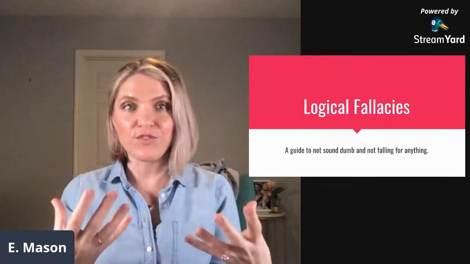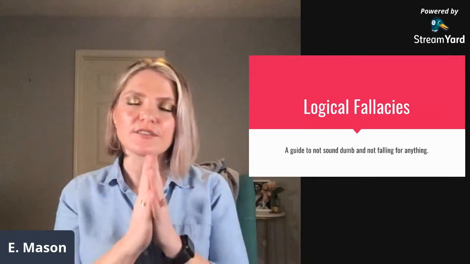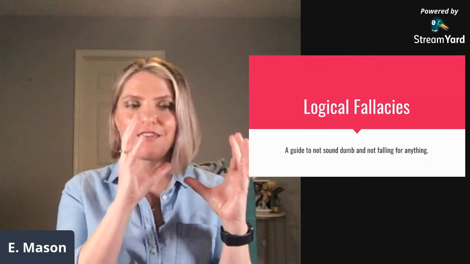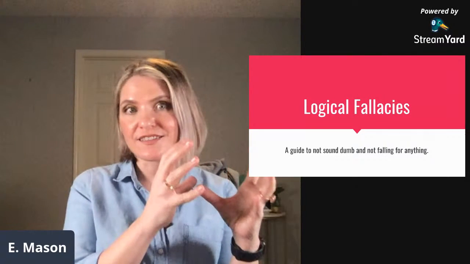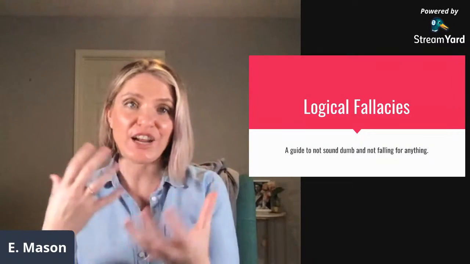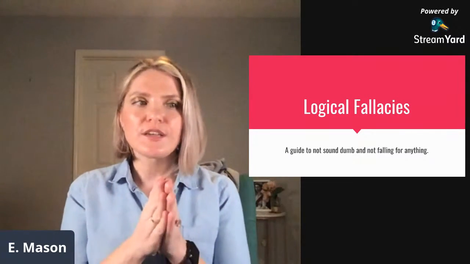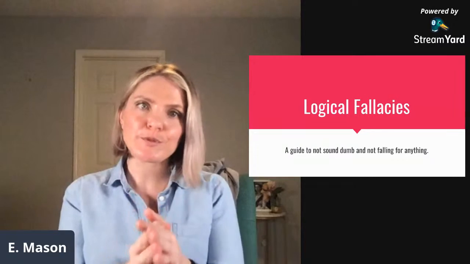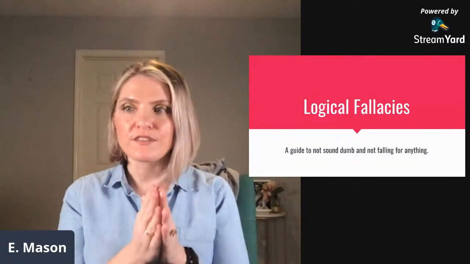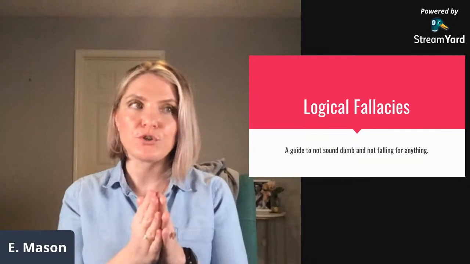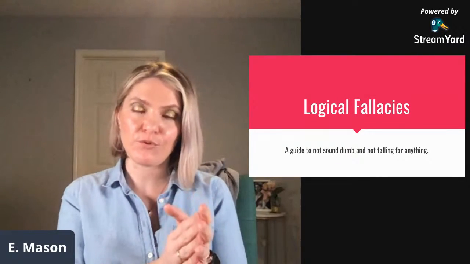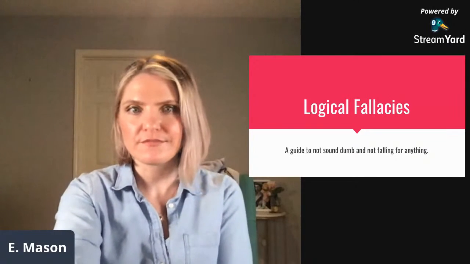It means flawed, or there's an error. So basically it means there is a thought process or reasoning that is flawed. There's an error, there's a problem with it. Often it is purposeful, sometimes it's not, but it is important either way to be able to detect them so you don't fall victim to them.